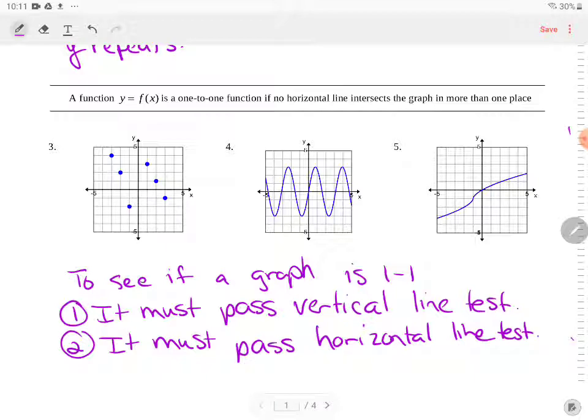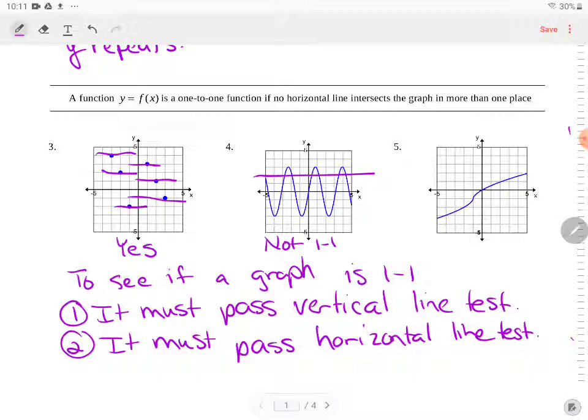You can see that number 3 definitely passes the vertical line test. If we check the horizontal, each horizontal line crosses a dot once. In other words, there are not 2 dots on one horizontal line. So yes, this is one-to-one. Number 4 passes the vertical line test, but if I draw a horizontal line, it crosses more than once. So this is not one-to-one.